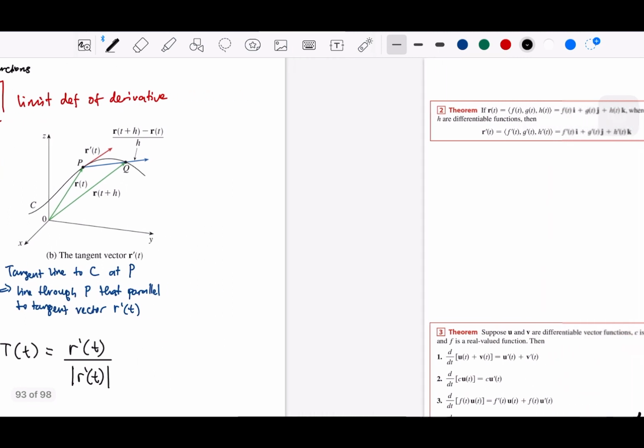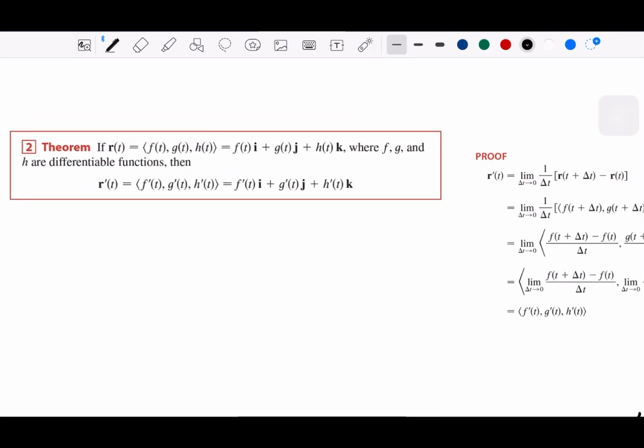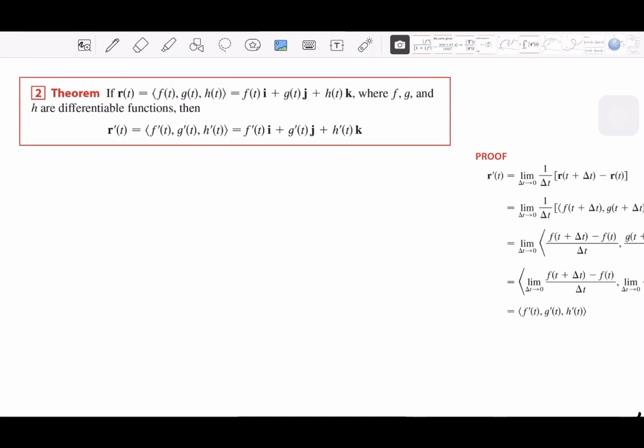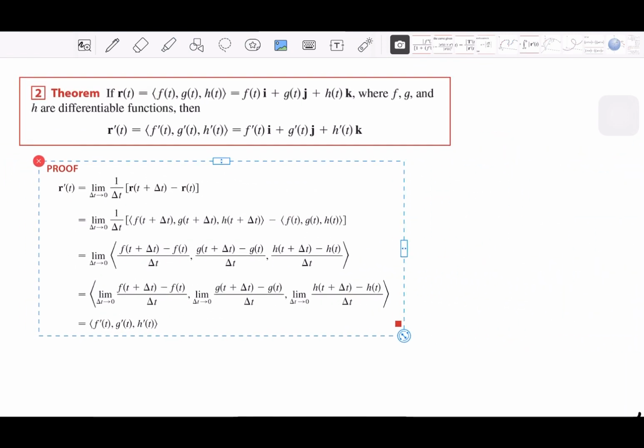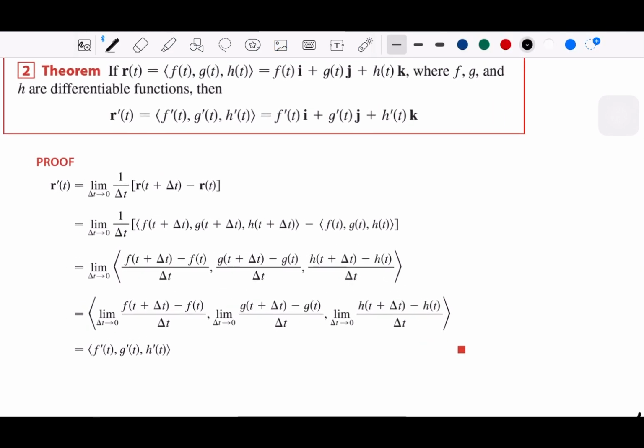Based on the definitions, we can say that if we have R with components f, g, and h, each of them a function of t, then the derivative of the vector function R is basically the derivative of each component. So I think it is quite intuitive and understandable. And then this is some proof for each part, and I think it is very intuitive.